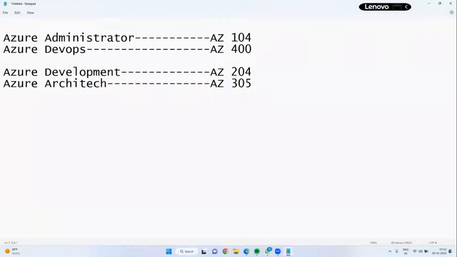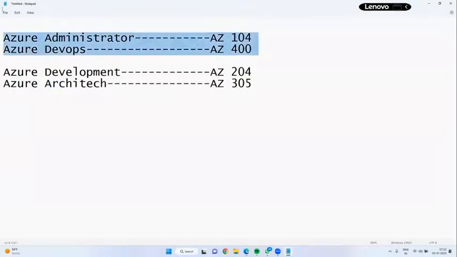As I said, there are Azure AI, Azure Cyber Security, Azure Data Engineer, Azure Fundamentals, Azure Machine Learning, Azure Security, Azure Virtual. We have a number of certification papers, around 15 to 20, but the very popular ones are these 4.